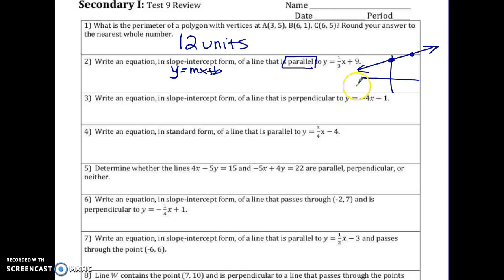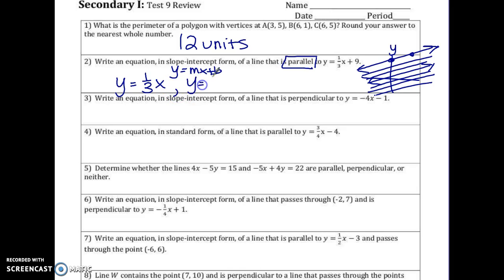If I want parallel, remember that means I need that same slope. But it doesn't matter what the y-intercept point is. As long as that slope's the same, those lines are all going to be parallel. So I need y equals 1/3 x. I could just leave it like that and have it go through 0.